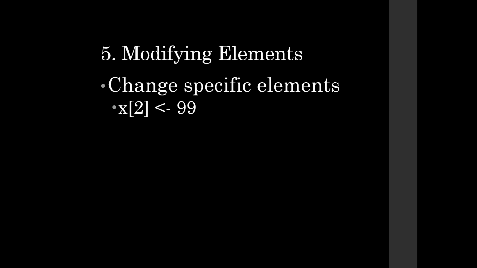You can also modify elements in a vector. So first, you just need to write the syntax as before. For example, here in this case, x square brackets 2 will give you access to the second element of x. And if you want to assign a different value to it, using the assignment operator, you can write an assignment on the right side that will replace the second element of x.